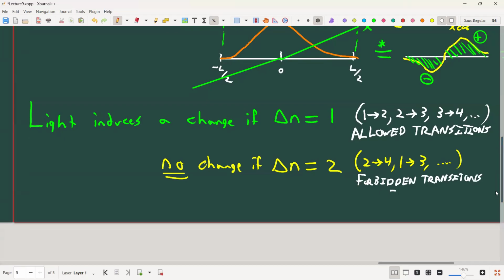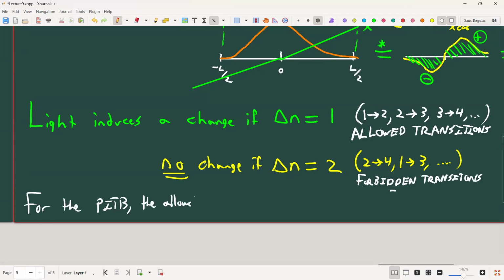In fact, once you do the math, what you find is that for the particle in the box, the allowed transitions satisfy that delta n is equal to 2k plus 1, where k is a number, k equals 0, 1, 2 and so on.